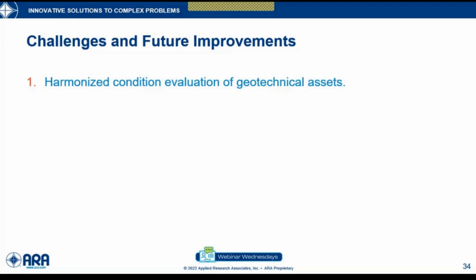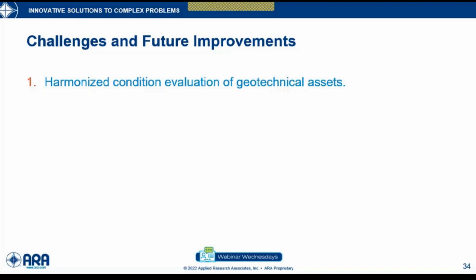However, having a harmonious process where these different assets can speak to each other and your condition scales can at least translate to each other, not necessarily be on the same condition scale, to a point that you can say, okay, a slope at that condition state could have lower levels of risk compared to a retaining wall in that condition state.